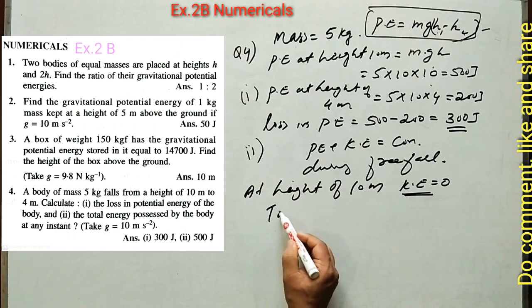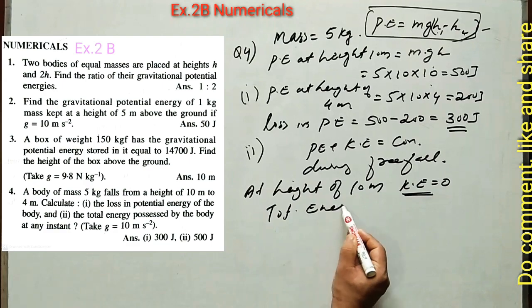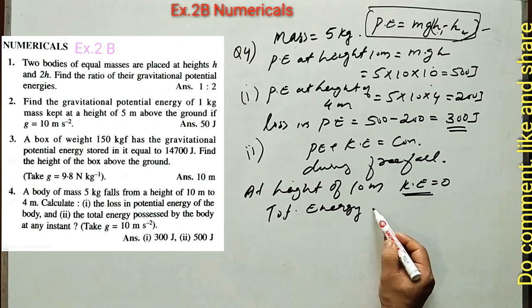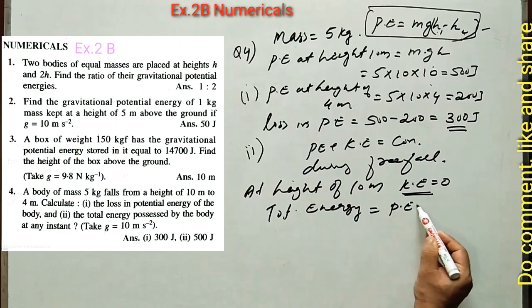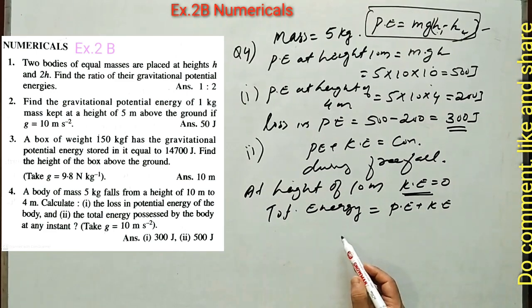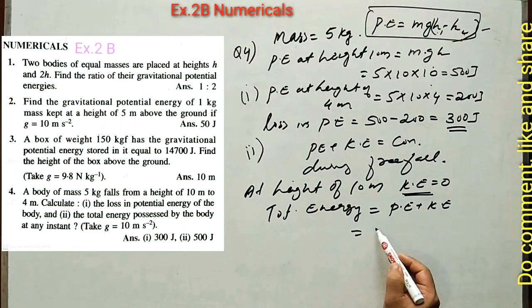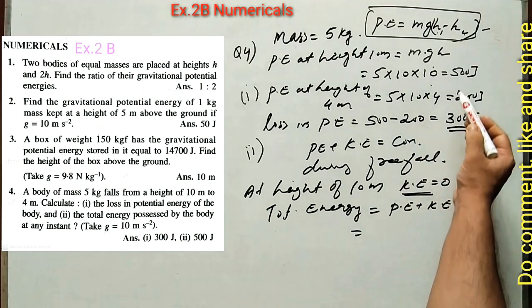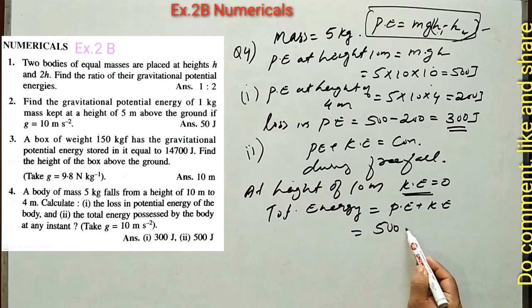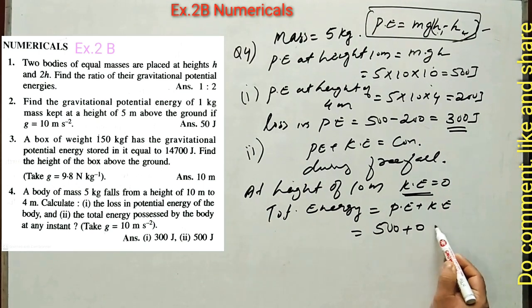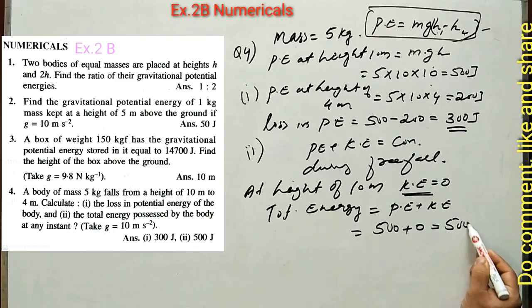So the total energy at the highest point is equal to PE plus KE. We have calculated the PE here as 500 joule, so 500 plus 0. So we are getting it as 500 joule.